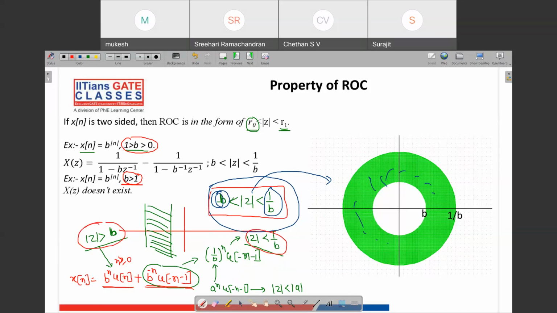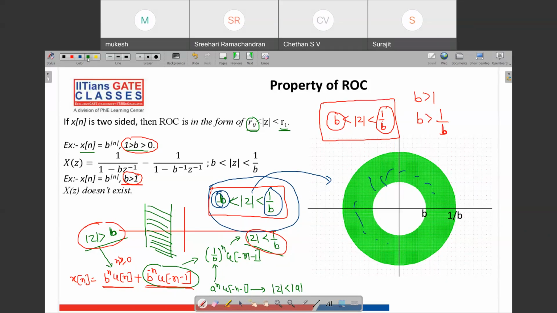But if you look at this expression for b greater than 1, what will happen is that b will be greater than 1 by b. But by looking at this expression, it is the other way around: it requires b less than 1 by b, which is not true if b is greater than 1.